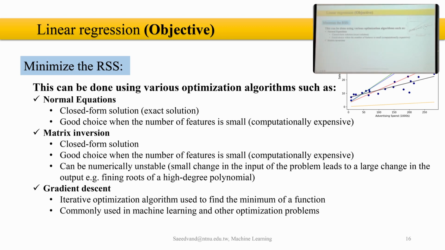The second technique is matrix inversion. In matrix inversion, again, we have a closed form solution that gives you the exact answer for this data set that you have. It is also a good choice when the number of features is small, but again computationally expensive. It also has another problem: it may be numerically unstable.